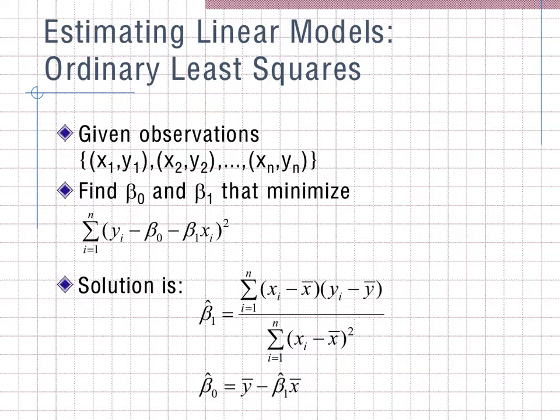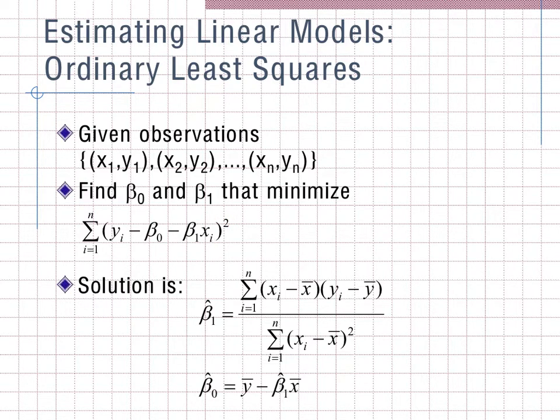And our goal when we are using ordinary least squares to estimate this model is to minimize the squared difference between the observed values for y in our data and the predicted value for y based on our intercept and our slope. So over all the observations in our data set, we calculate the difference between the observed y and the predicted y, and then we square it.